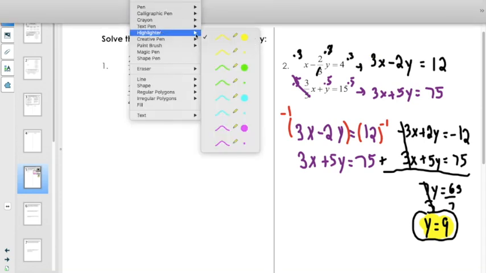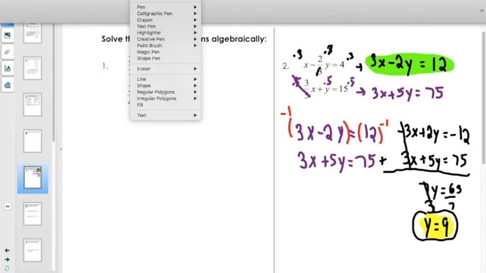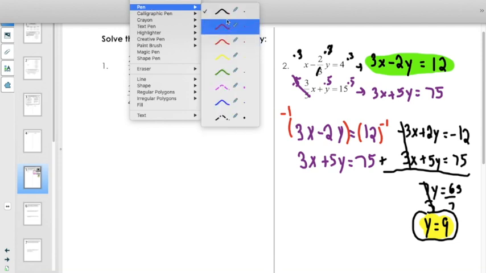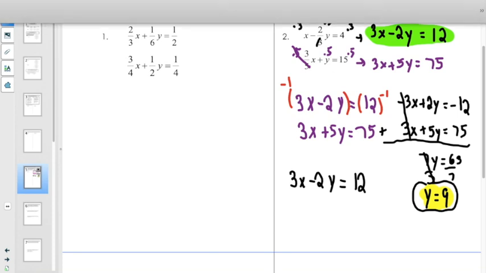So I'm going to substitute back into this equation. 3x minus 2y equals 12. Okay? And I'm going to put 9 in for y. So I'm going to bring that down here again. 3x minus 2y equals 12. Again, I'm substituting in the 9 for y here.